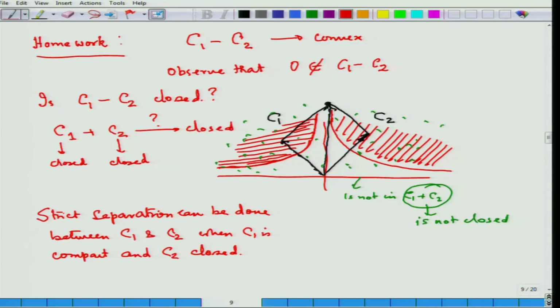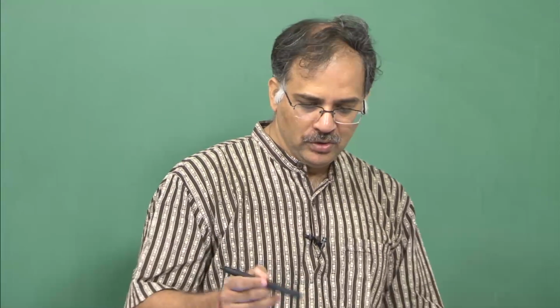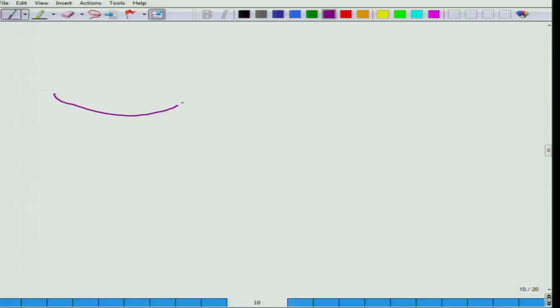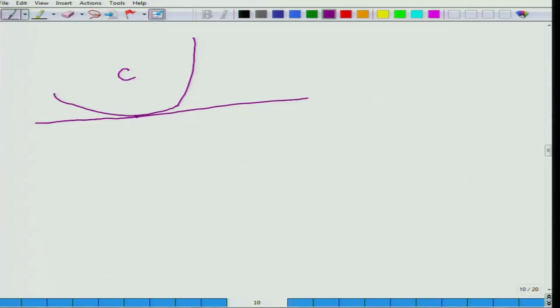There is another very important conclusion from this. All this is a study of the supporting hyperplane theorem. So, if you take a convex set of this form, take a point here on the boundary, you can always draw a tangential line through the boundary, so that this hyperplane creates a half space and the whole set C is on one side of the half space.